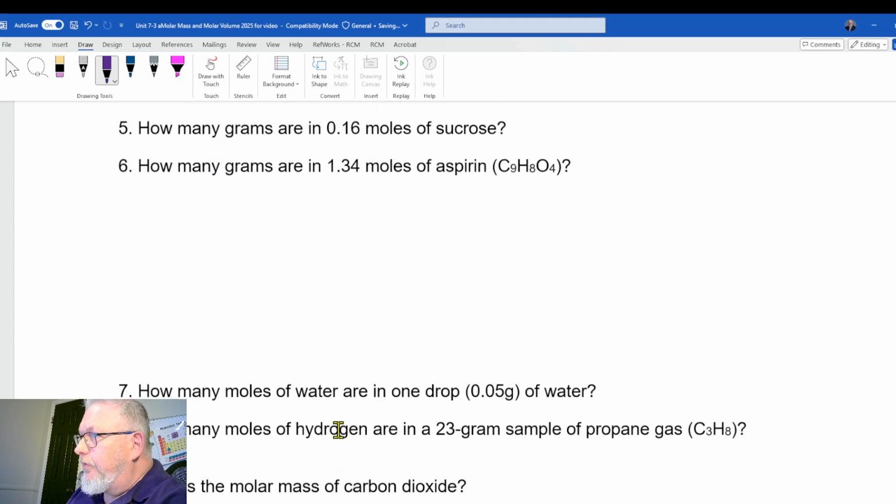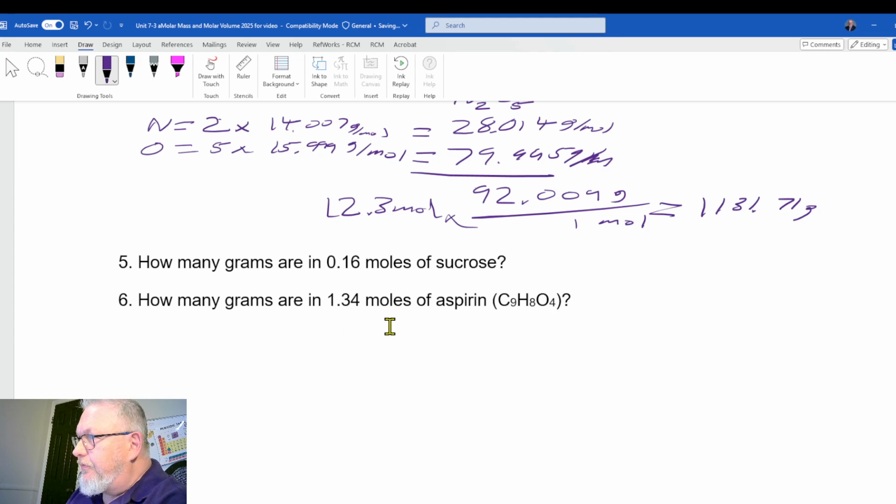Oh, let's do one more. Let's do grams for 1.34 moles of aspirin. Got to do the same thing. So let's see. I've got carbon, hydrogen, and oxygen. We got to get the molar mass. All right, so I've got 9 atoms of carbon, 8 atoms of hydrogen, and 4 atoms of oxygen.